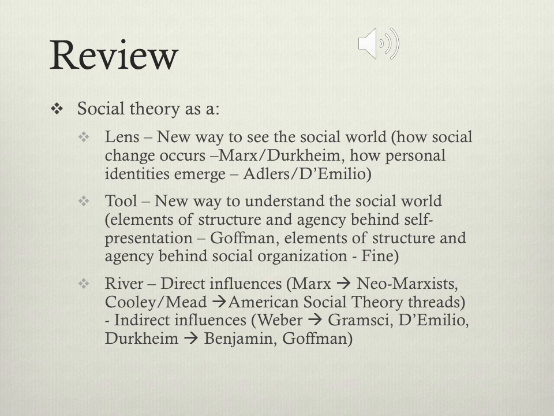And so we can look at structure and agency again behind social organization. This relates to the second book, the Fine book that we looked at, social order in restaurants, and looking at how, again, different social structural forms come into play, but also so do different forms of agency.